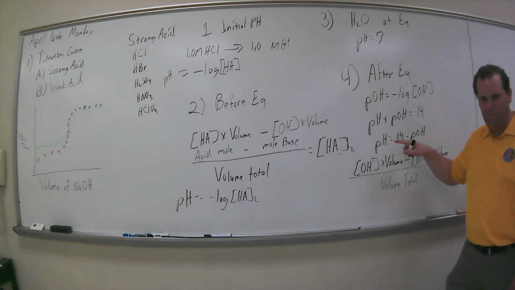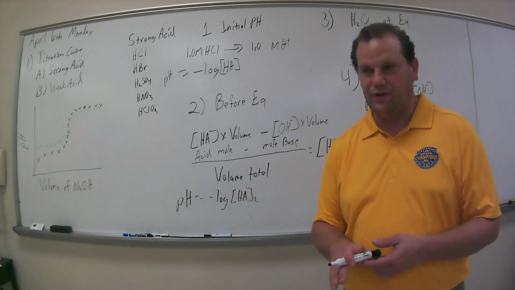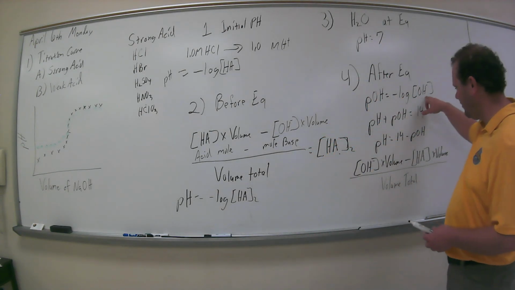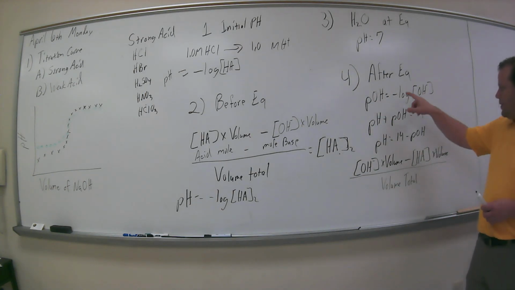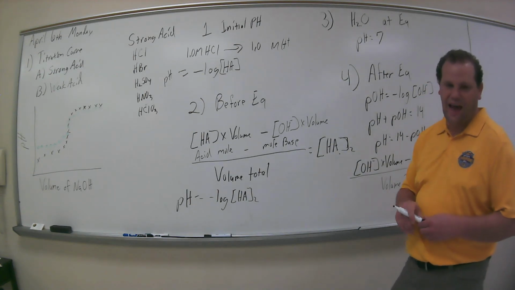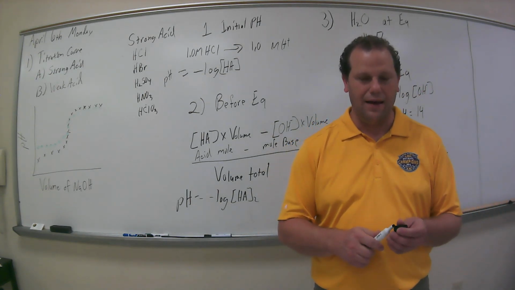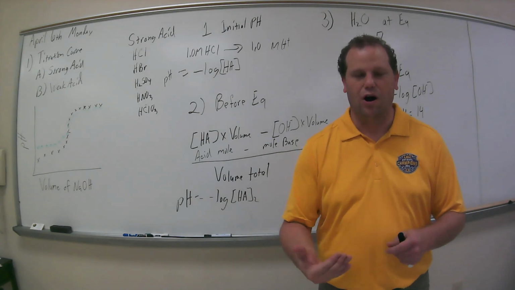Because it's a base problem, you'll often find that we have to do a couple extra steps with base problems. So when we take the negative log of our OH concentration, that gives us pOH. So we have to say 14 minus the pOH will give us the pH after the equivalence point. This is for a strong acid titrated with a strong base.